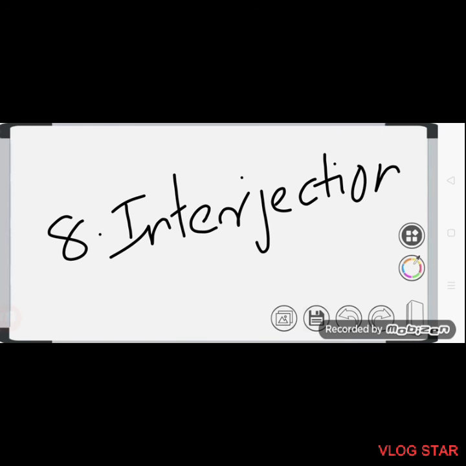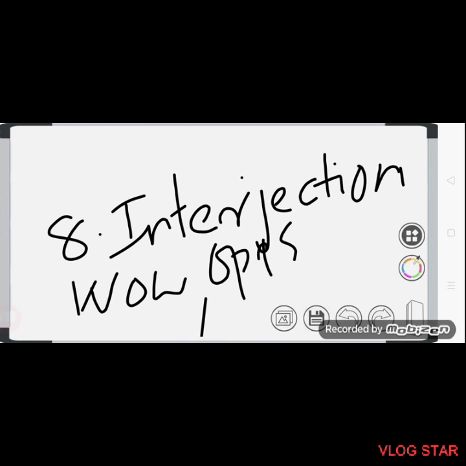Interjections are exclamatory expressions. Examples of interjections are wow, oops, oh. These are used as exclamations. So this is called interjections.